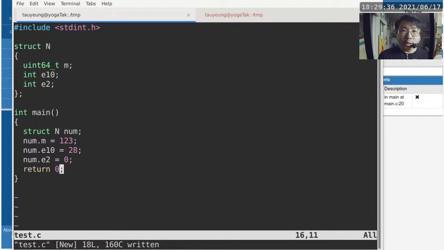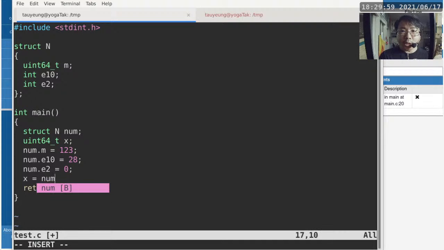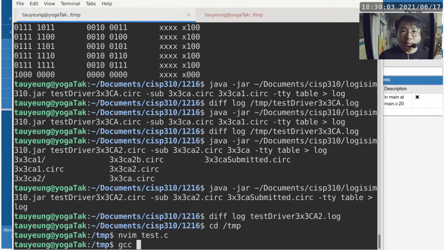So let's see if the compiler would optimize the structure out. I'm going to guess it might, so we'll go ahead and just refer to one of the members because that should keep the entire structure around.